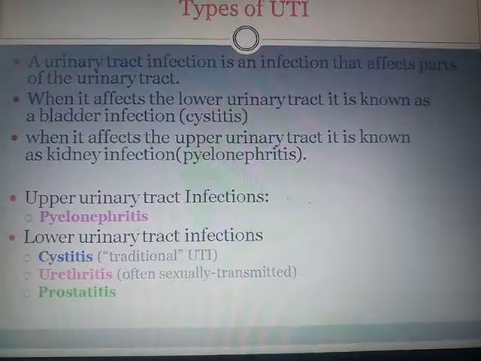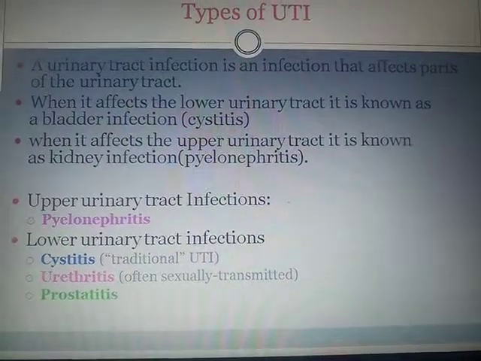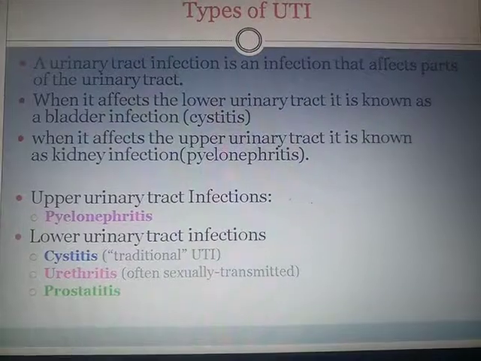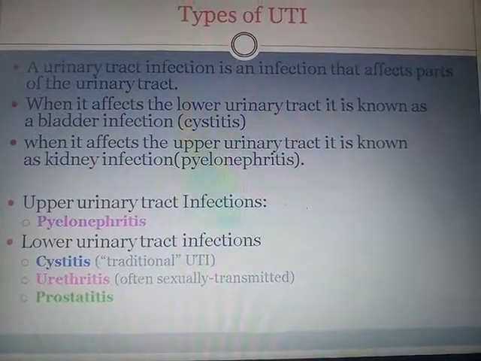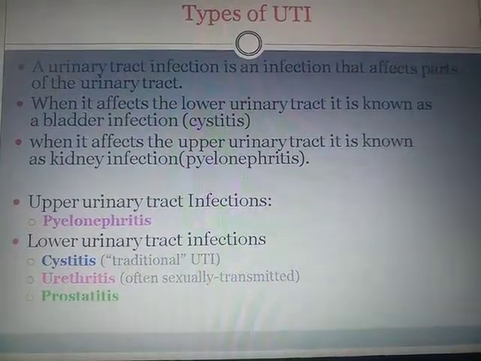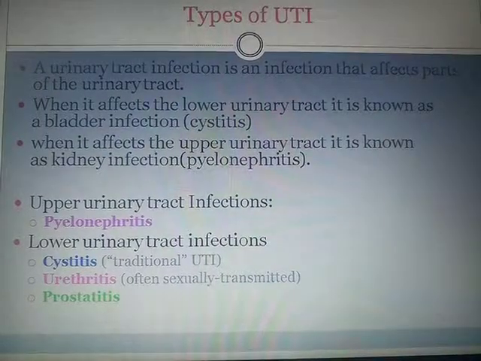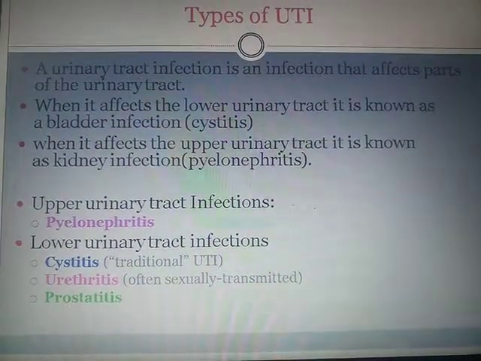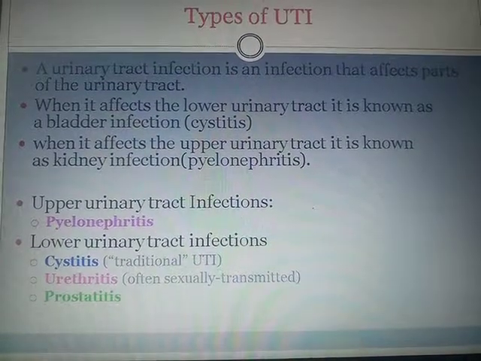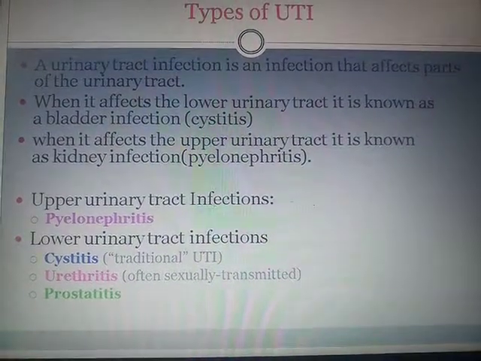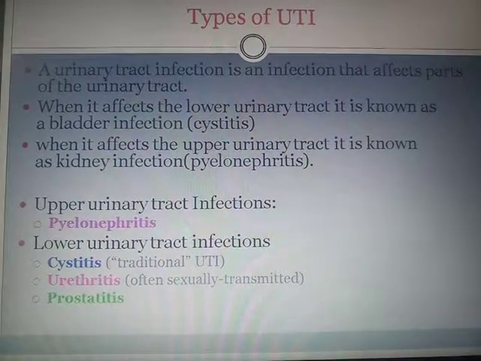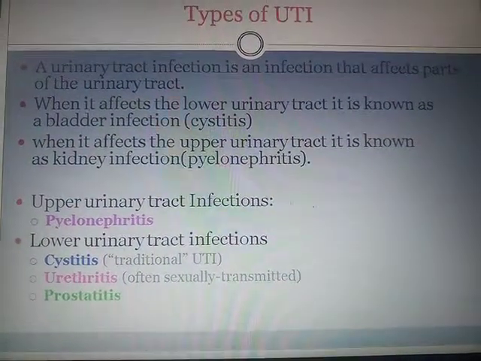When it affects the lower urinary tract, it is known as bladder infection, or cystitis. When it affects the upper urinary tract, it is known as kidney infection or pyelonephritis.